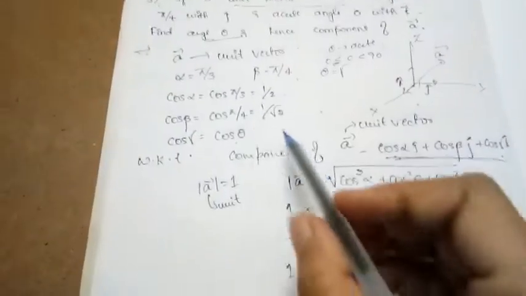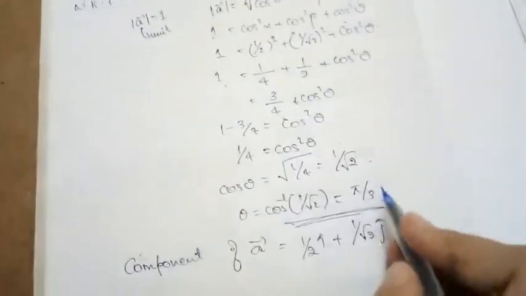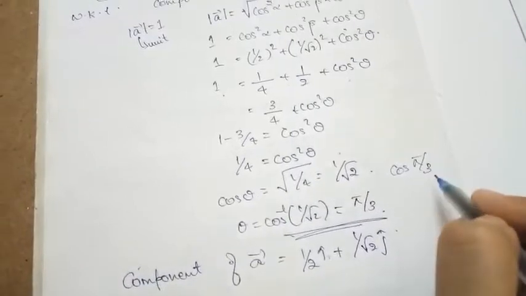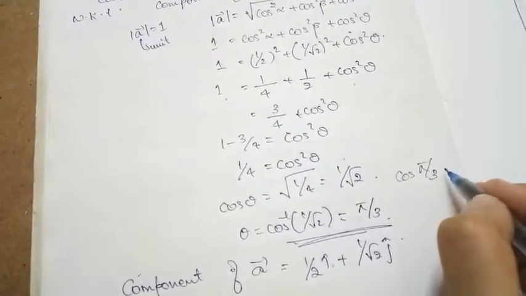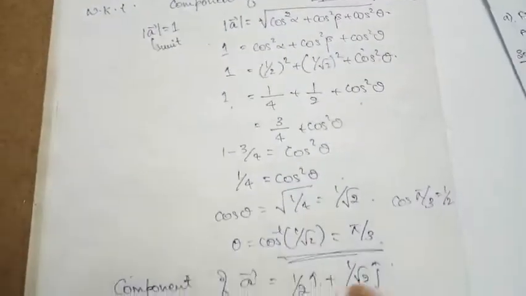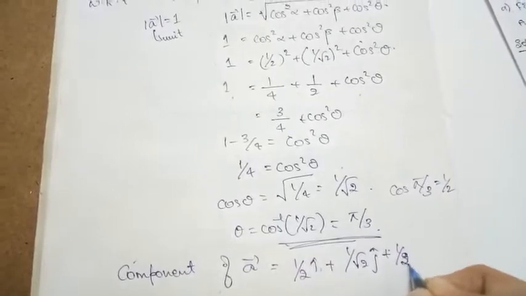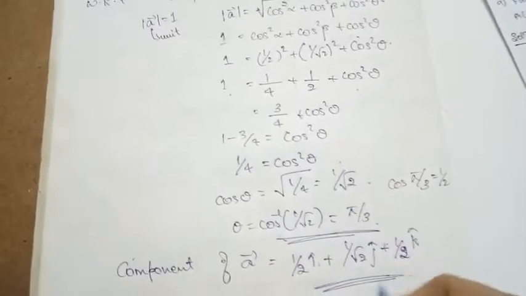What is cos gamma? It is cos theta, with theta equal to pi by 3. So cos pi by 3 means how much? It is 1 by 2. So it is 1 by 2 k cap. So this is the component of vector A.